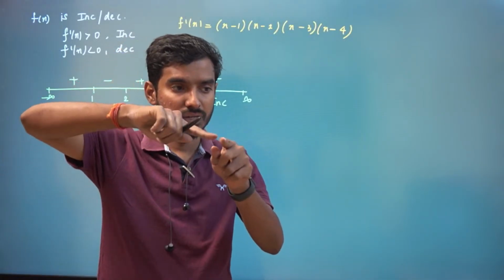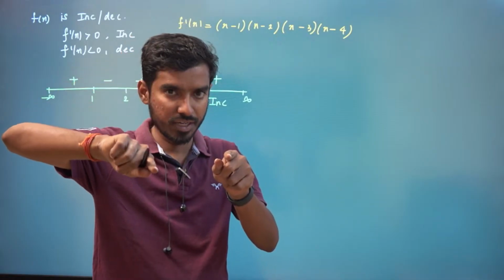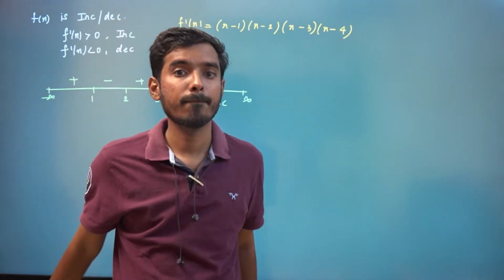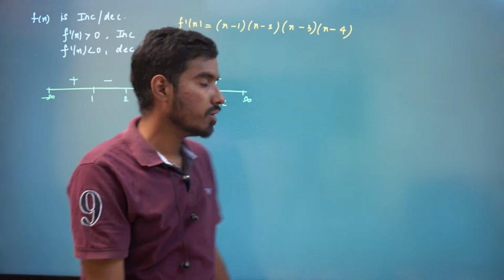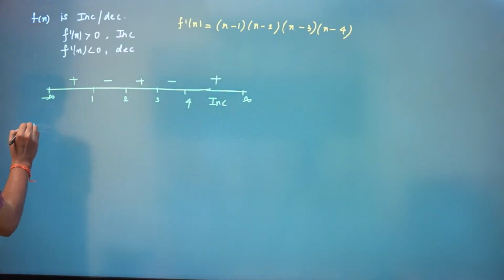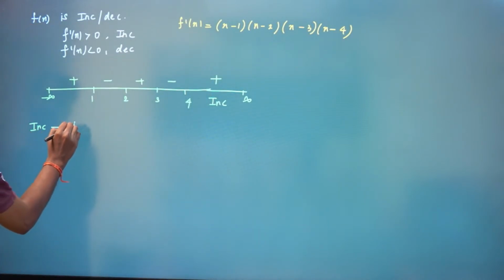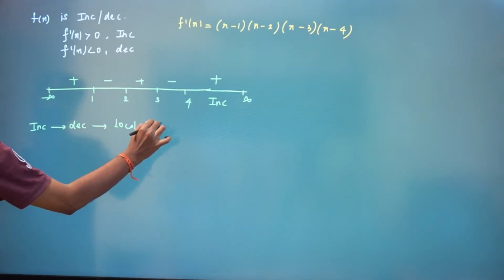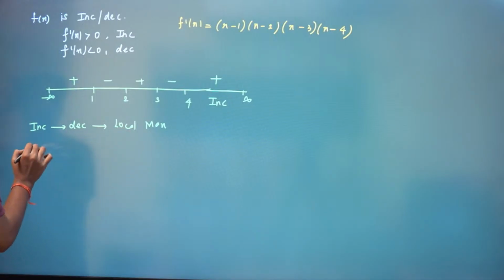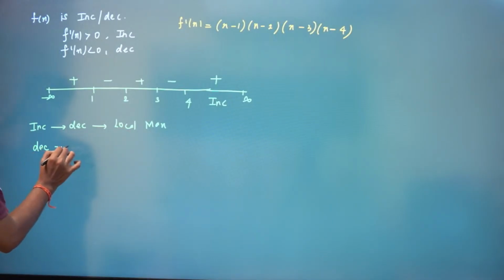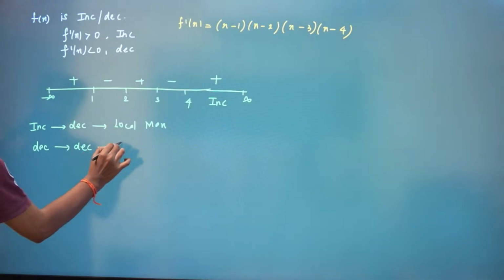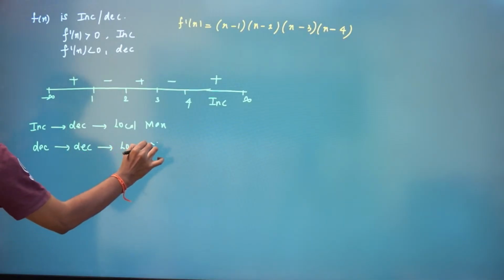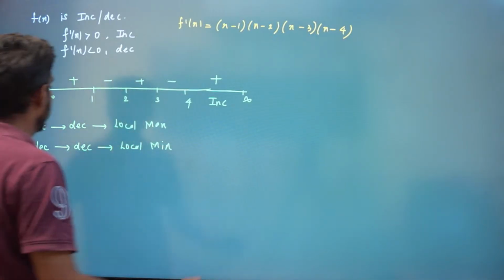That means if your function changes from increasing to decreasing, at that point it will have local maxima. Yes or no? Increasing to decreasing, that means that point is local maxima. Decreasing to increasing will give you local minima. Yes or no?